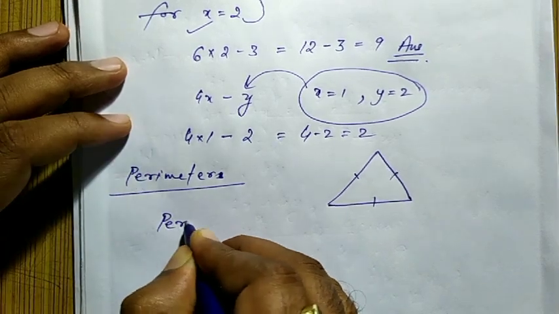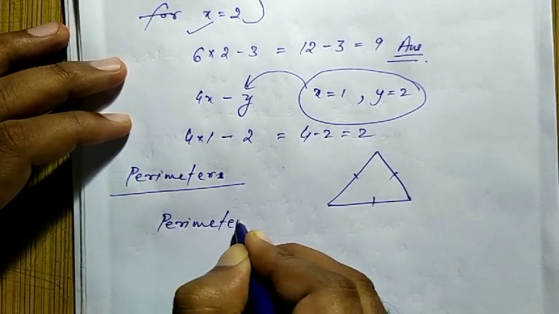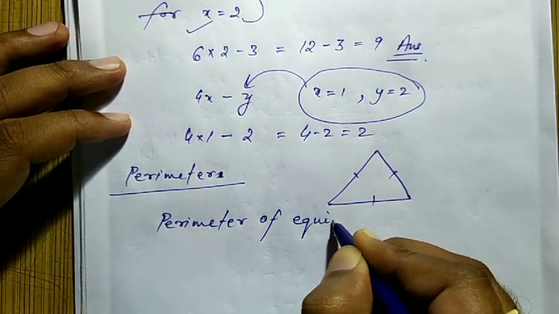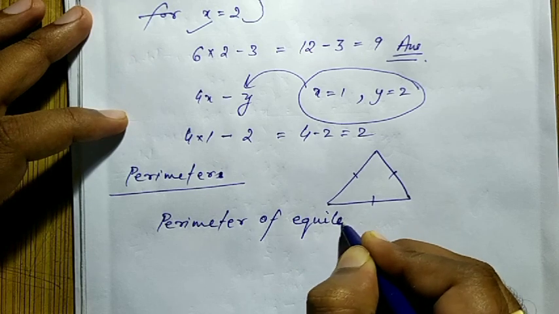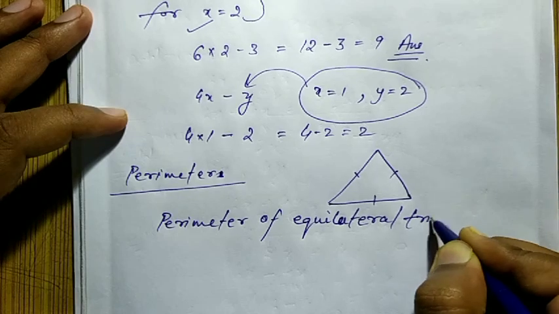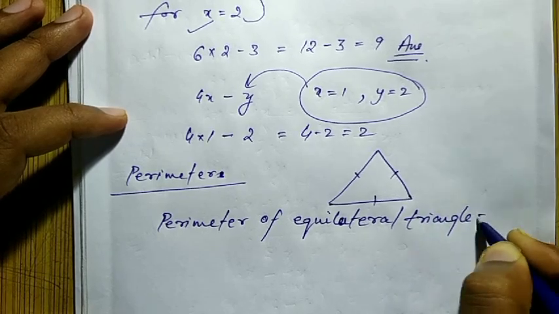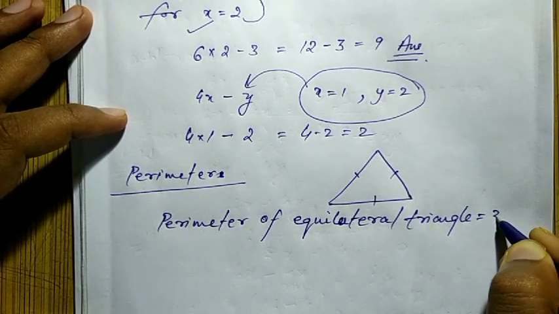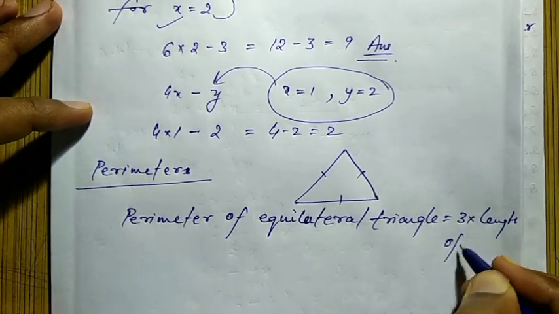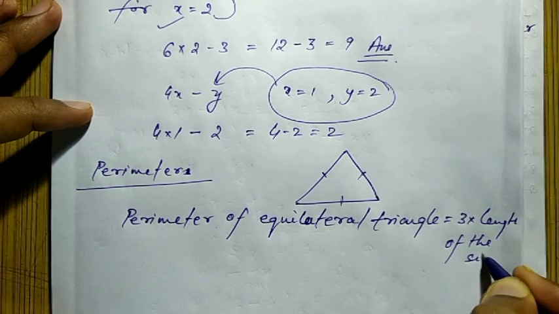So the perimeter of an equilateral triangle is equal to 3 into the length of the side.